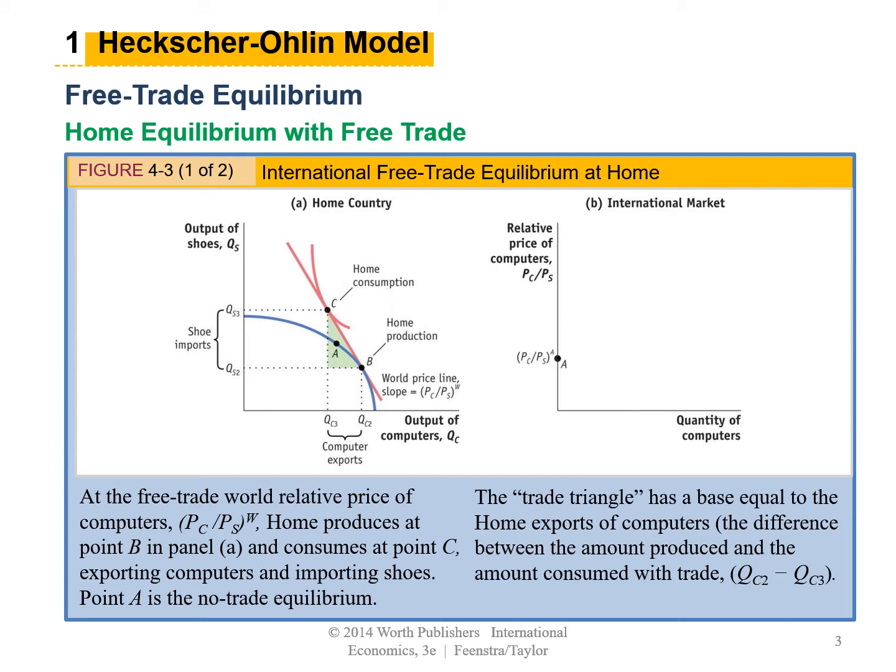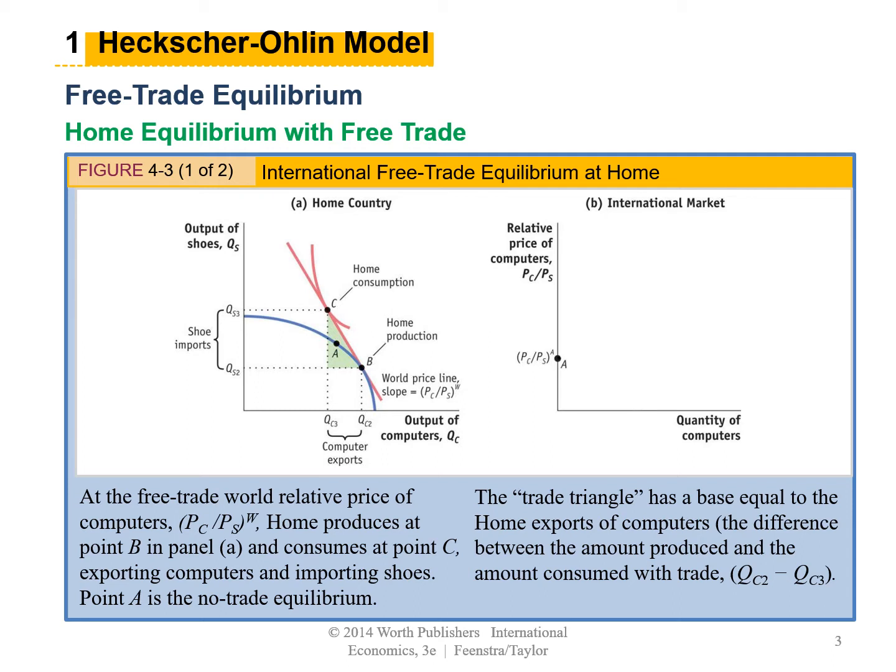This diagram shows the home country after it has started to export computers to the foreign country. So what the home country has done is it started at A, like the previous slide. Now what it's decided to do is reduce production of shoes at home and instead produce more computers, and take those computers over to the foreign country.